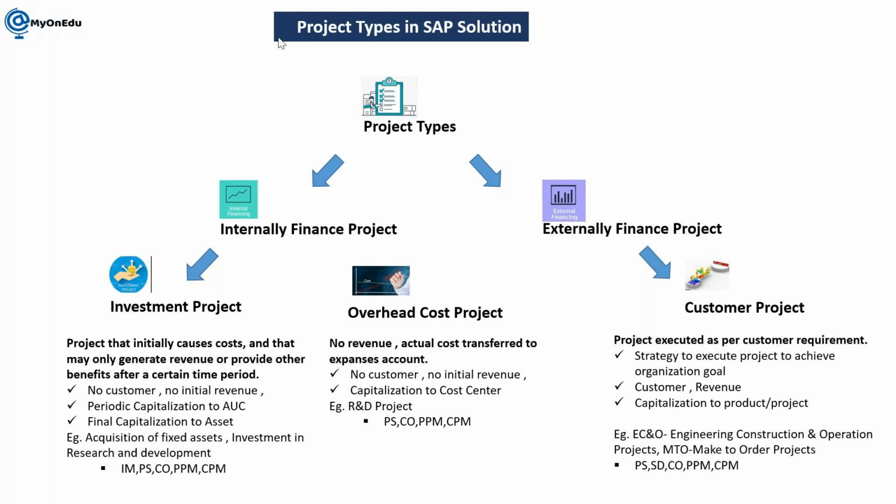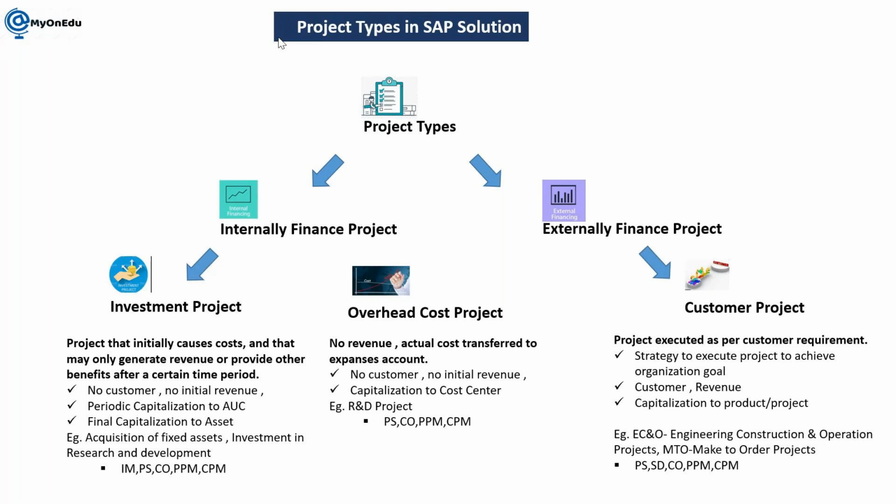PPM, portfolio and project management, focuses more on investment or overhead cost projects. SAP provides a solution focused on investment or overhead, but it doesn't mean we cannot use it in customer projects also.